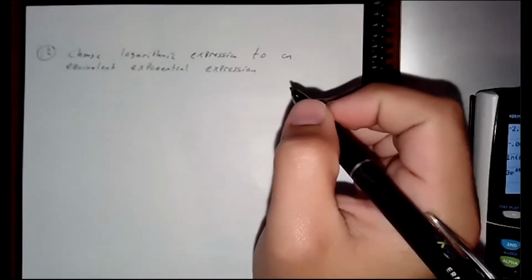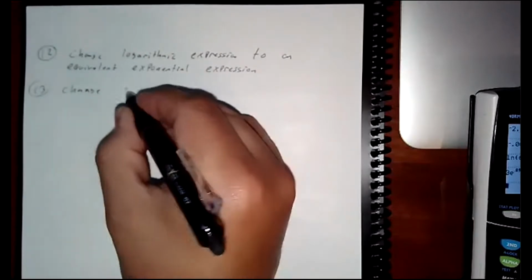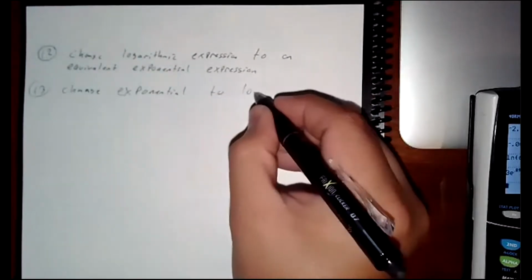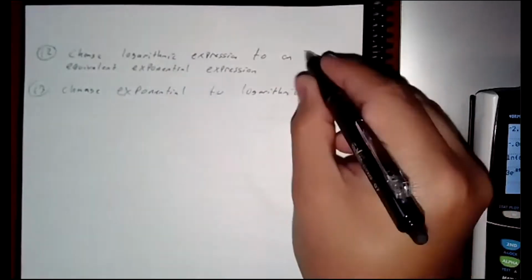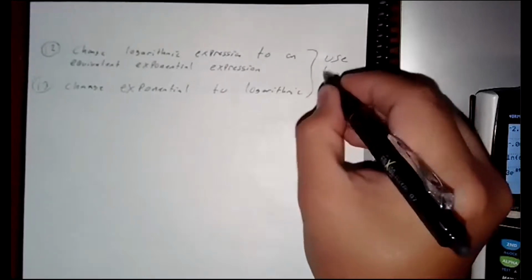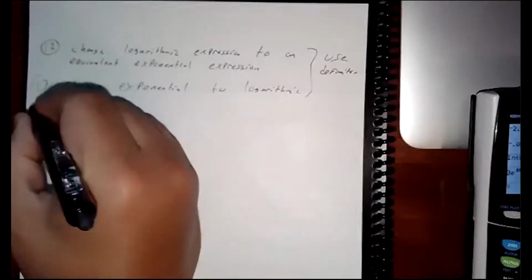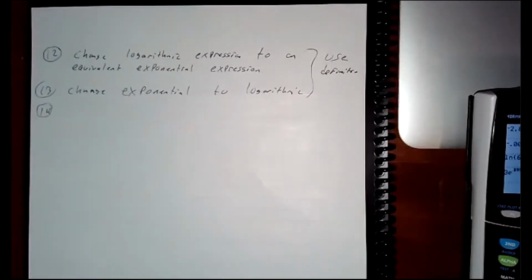So you have to do this backwards and forwards, right? So 13 will be the same thing, just the other way around. Change exponential to log. So for these, use the definition from the examples. There's not much to do there. If you follow the definition, you're basically just plugging in numbers.